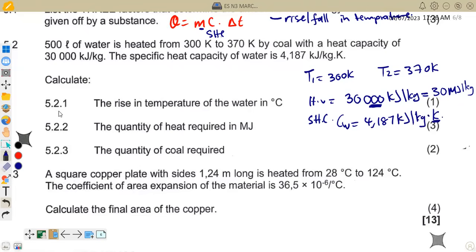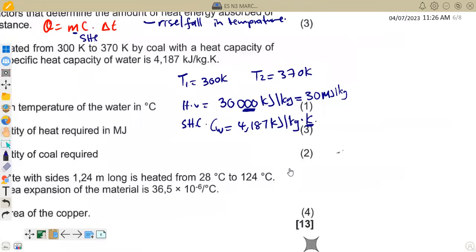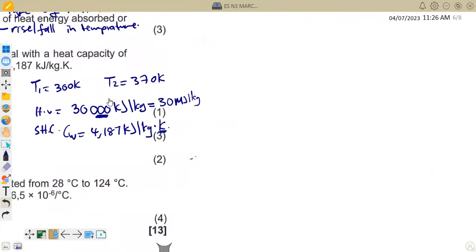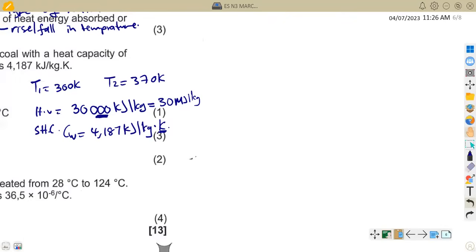So the question on 5.21 was to calculate the rise in temperature of water in degrees Celsius. You see that these values that we have in this case are in kelvins. But remember that to convert to kelvins, you were adding 273. So you're going to subtract 273, but it does not affect anything at all.